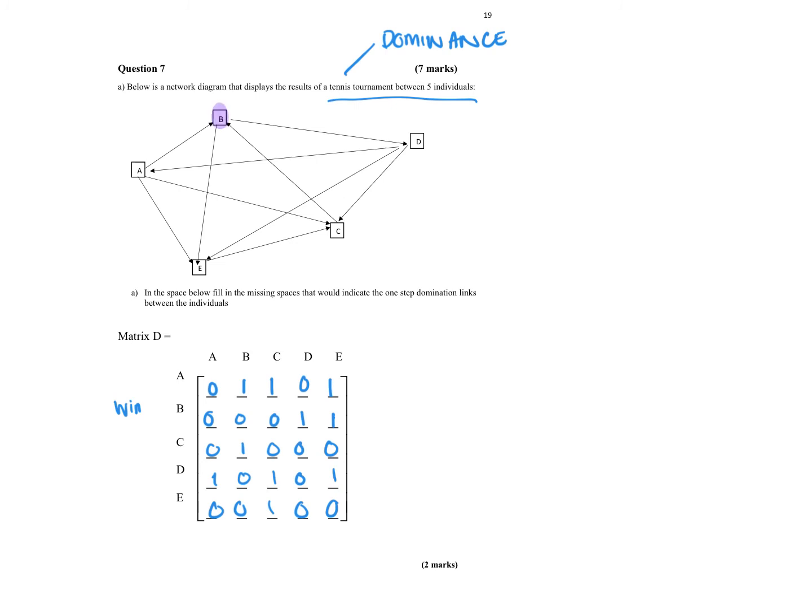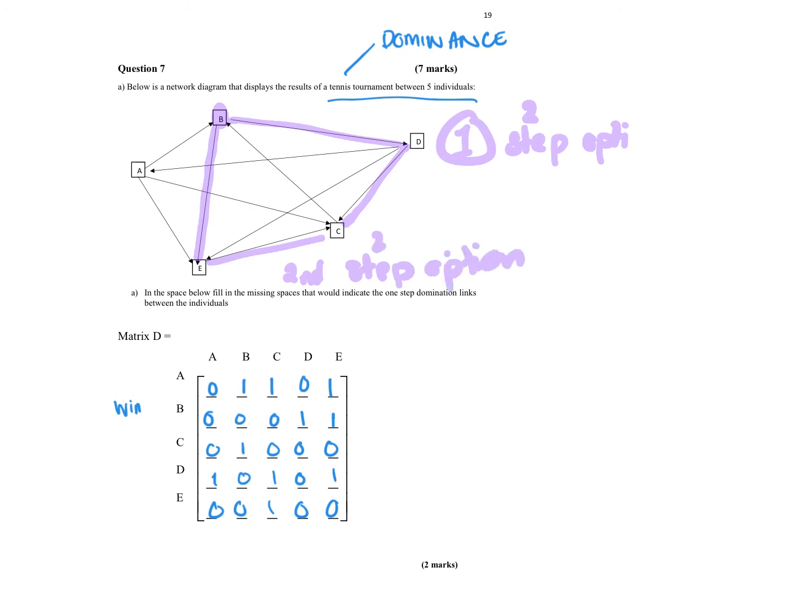If you look at B, B has beaten two people that beat C. See how B beat D, who beat C. That's one of the two-step options. And B also beat E, which also beat C. So there's the second two-step option. That's why there's a 2 there.